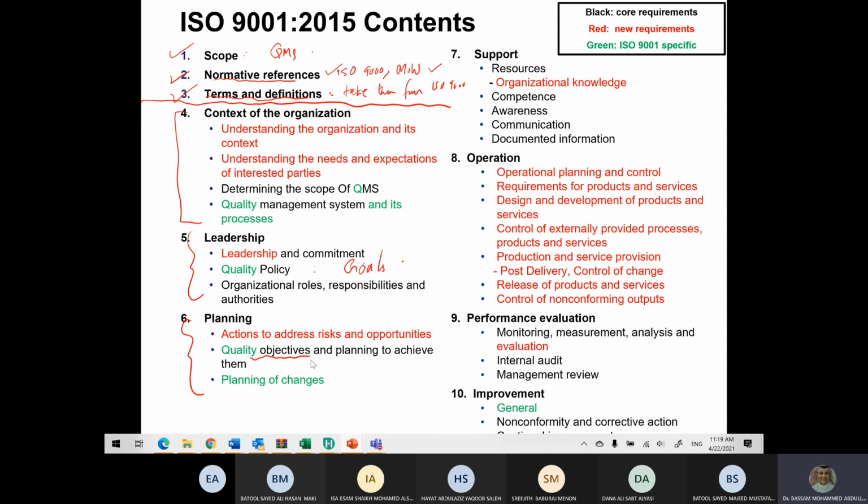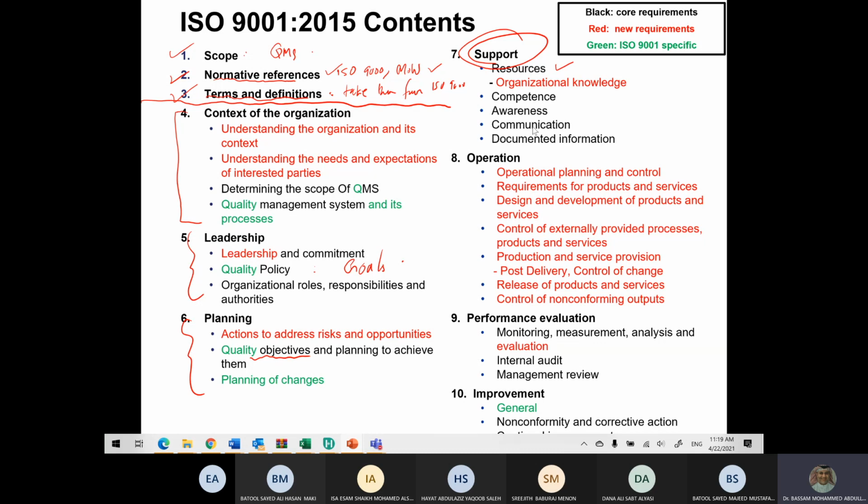Now, when you do your plan, you need to put resources. Resources means money. Now I'm within support. So you need support. You need money, you need people, you need faculty members, you need administration, you need a president, a vice president, deans. What are the competences of these deans?